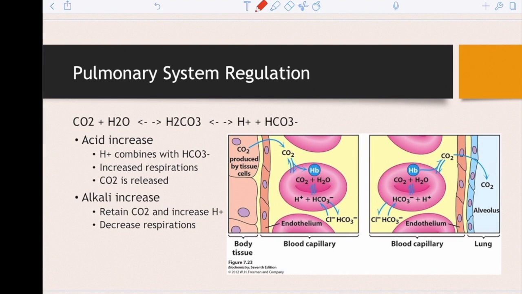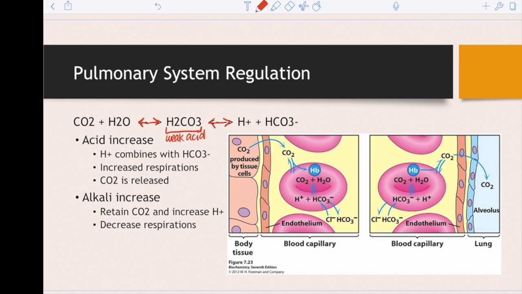So let's take a look at this pulmonary system regulation and how that works. So again, here comes this really important equation, right? This is the bicarbonate carbonic acid buffer system that we just keep coming back to. In the middle, you have your weak acid, the carbonic acid, and then you've got your double-sided arrows, meaning that the equation can go back and forth depending on what the body deems necessary.